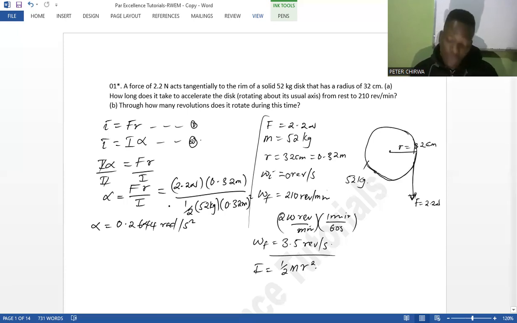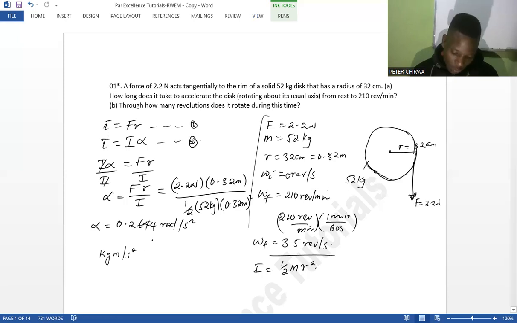So we know that a Newton is actually the mass, a unit mass, which is kg, moving with an acceleration of 1 meter per square second.